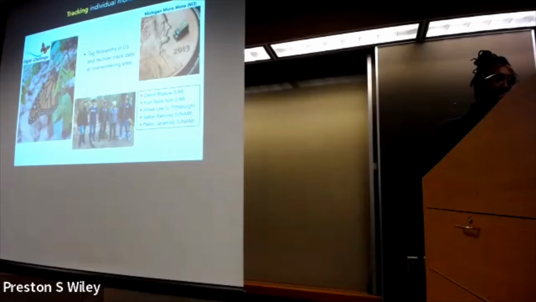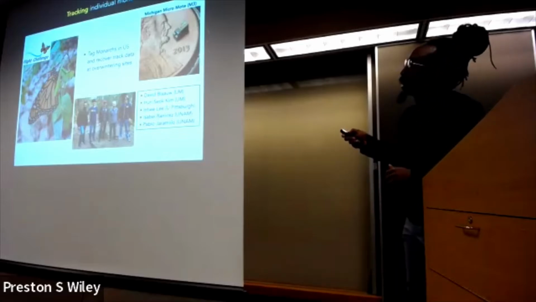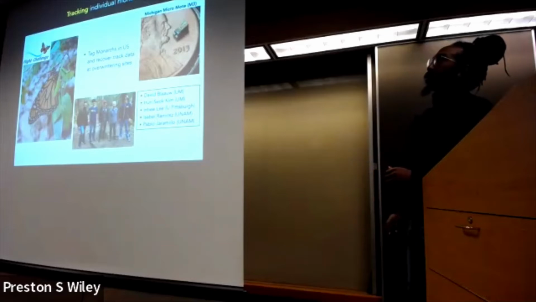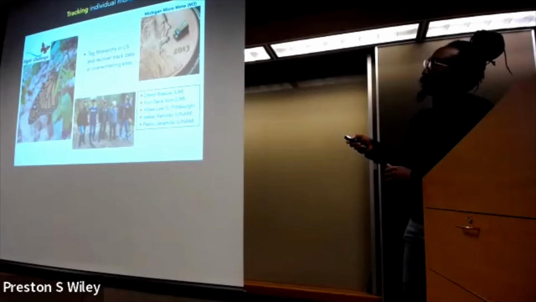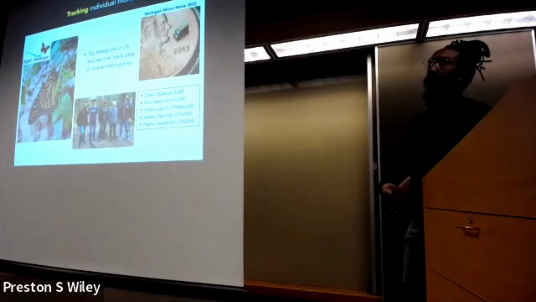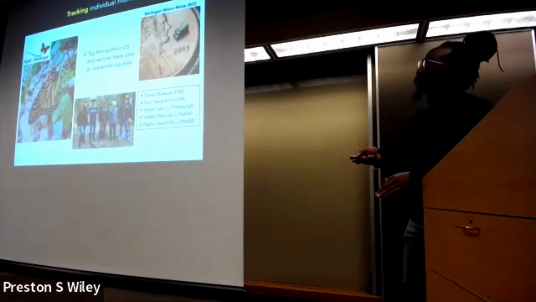The idea is that we'd be able to put these tiny environmental-based geolocators on them somewhere in their northern range, let them go, and we'd be able to recover signals from them in Mexico. I'll explain. This has been a collaboration, and these are the main PIs who've been working on this work, including myself.